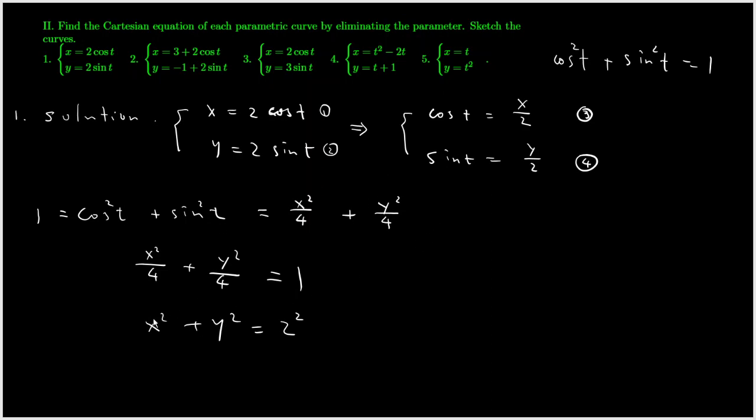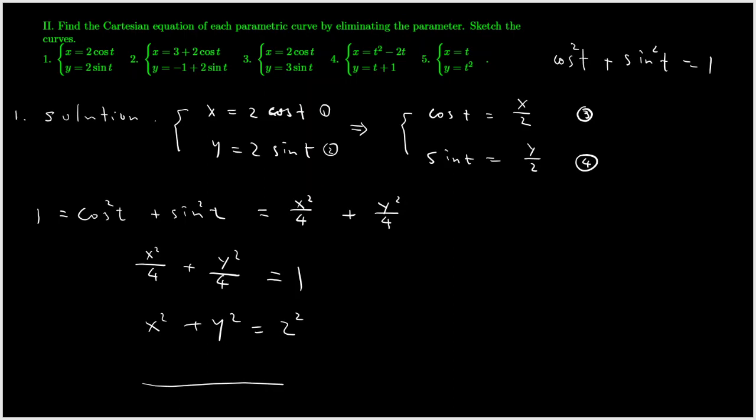At this point, we are done with question 1. Now we have a Cartesian equation, which is equivalent to the parametric equations. We are done with the first part of the question. But now we are going to identify the curve. The curve is a circle.